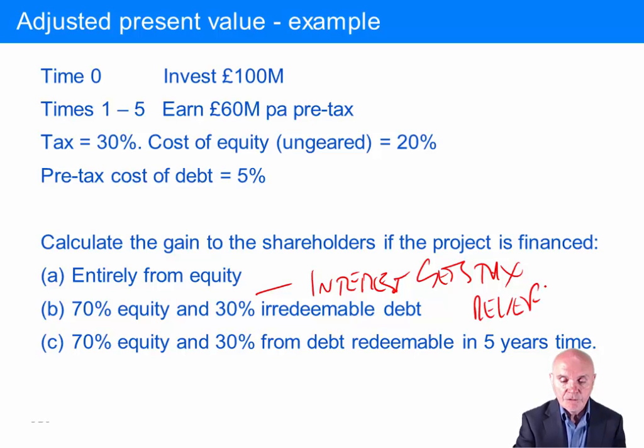Now we're so used to debt getting tax relief that we think nothing of it. But we have to think, why does debt get tax relief? It reduces the cost of interest by 30%, whereas giving people dividends doesn't reduce the cost of equity. There's a very one-sided tax calculation here.